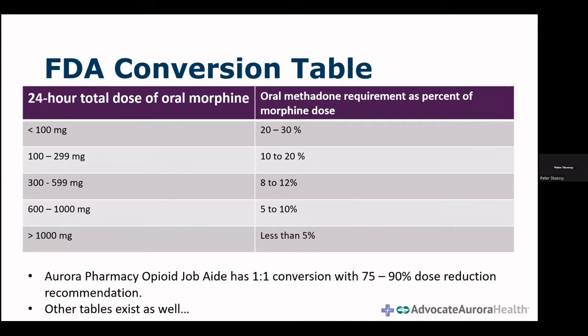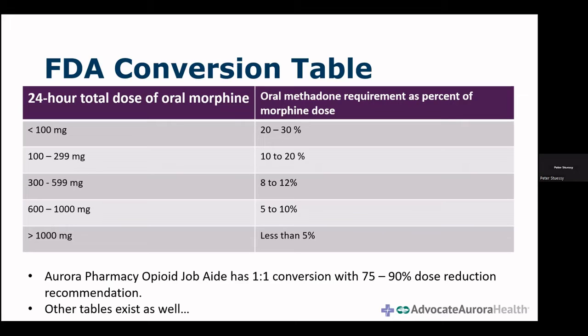All right, then the FDA labeling for methadone has its own as well. So I want to make sure you're aware of what the government has in their labeling at this time. And they go off of percentages, so they have a range in there. Also wanted to note on this one, we have an opiate job aid at my organization as well. Aurora Pharmacy has it.